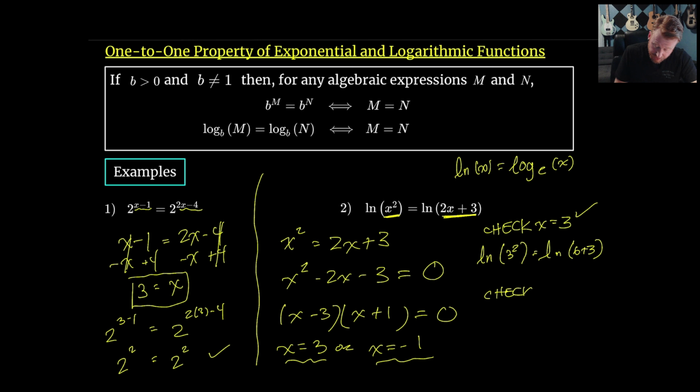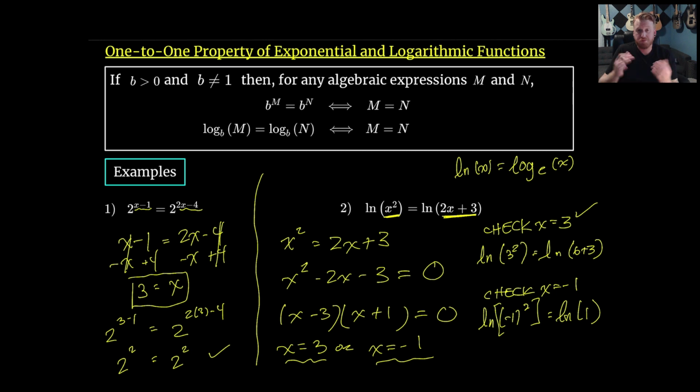If we want to check x equals -1, now you might be thinking, oh, it's negative, so we can't plug that in. But we aren't just plugging in -1 to the log function, we're plugging it into some expression, which is being plugged into the log function. And so if I look at the natural log of (-1) squared, then that's equal to the natural log of 1, which is totally valid.